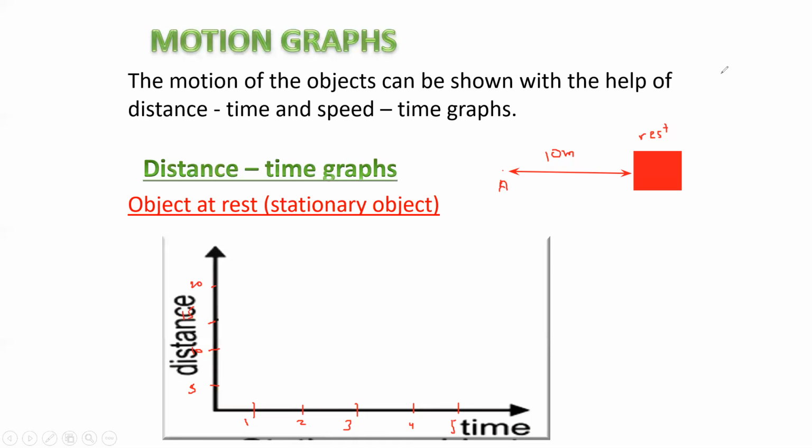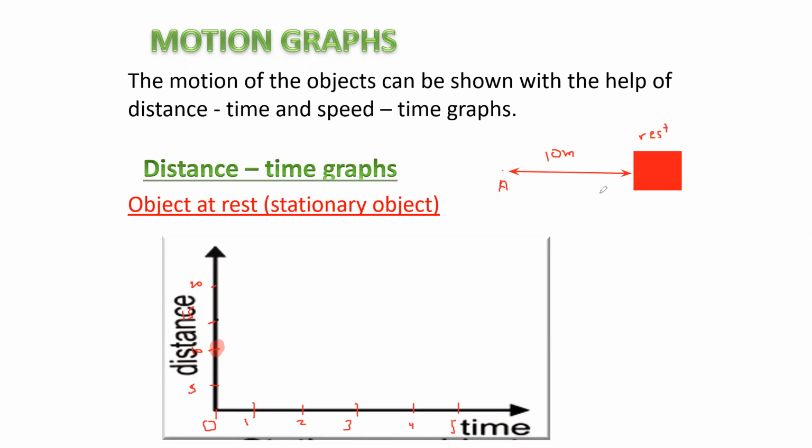So in the beginning, at the start of the experiment, this object is at rest, this object is not moving. When time is equal to 0, this object is at 10 meters from the starting point. This is the point which we mark to locate the positions, and that object is at the 10 meter mark.